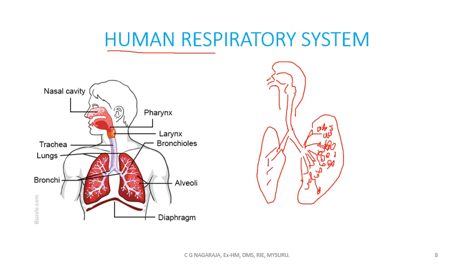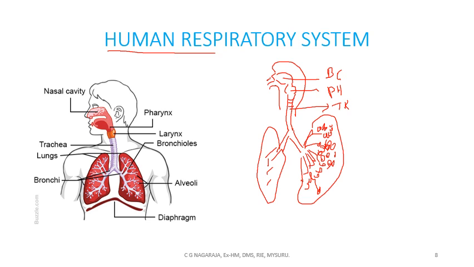So if you want to label that, you can say that is the buccal cavity, mouth cavity, and that is the pharynx, and then it ends up in the trachea. A trachea has C-like rings to support it.